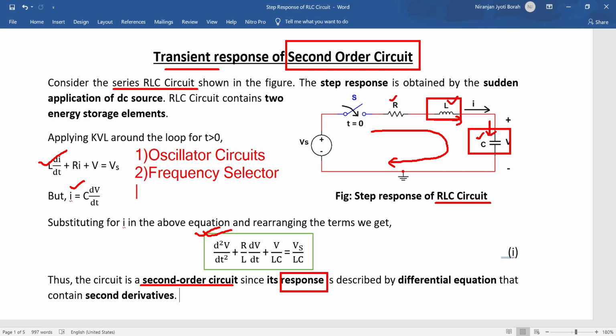Radios and televisions with analog tuners typically use an RLC circuit to tune in a specific frequency or channel. RLC circuits are also used as band pass filters, band stop filters, low pass filters or high pass filters. Tuning a radio signal is an example of band pass filtering. So, the applications of RLC circuits are numerous.